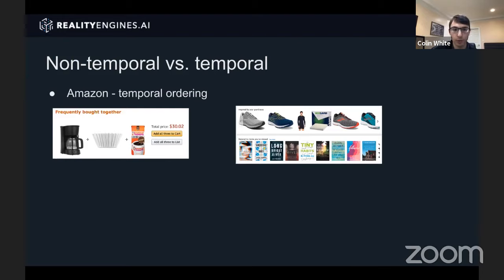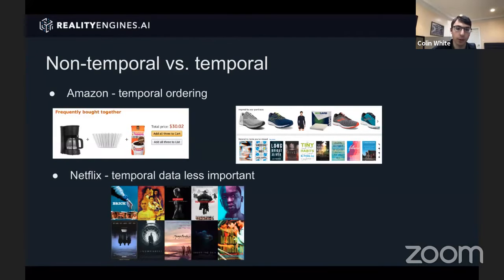If you think about a typical session on Amazon, somebody might log on and search for 5 different coffee makers, some coffee filters, and then look at a few different coffee beans. And then they start to order coffee beans once a month. So this is very temporal data with a lot of temporal patterns. Some other use cases like Netflix will still see some temporal patterns, like maybe someone gets more into action movies over time, but it's not quite as patterned as ordering coffee beans once a month. So the thing to note is there are different types of recommender system problems.